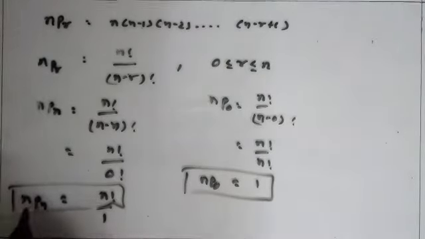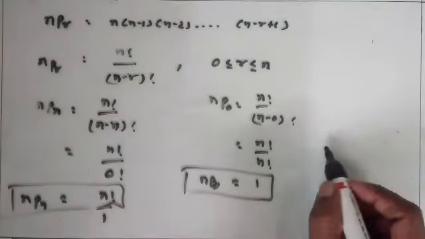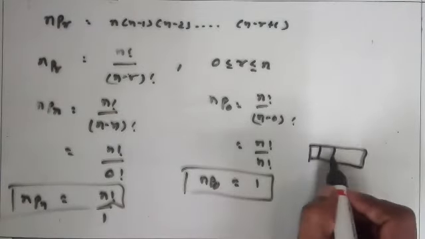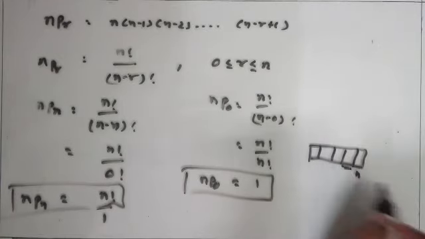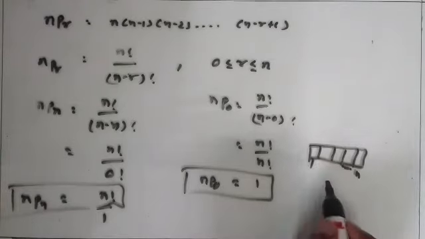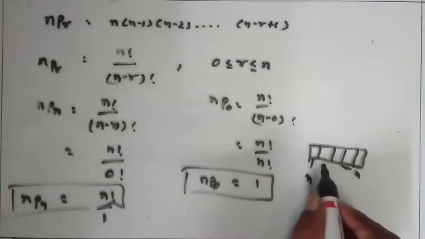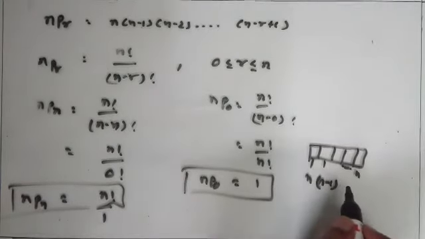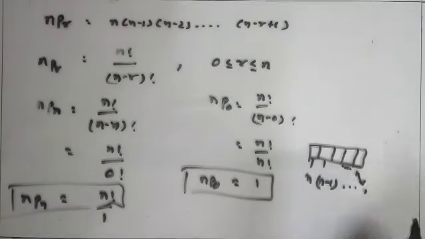Remember this: nPn is equal to n factorial because here we permute n objects in n places. Clear? The first place can be arranged in n different ways, the second in n minus 1 different ways, up to the nth place, which can be arranged in 1 way.